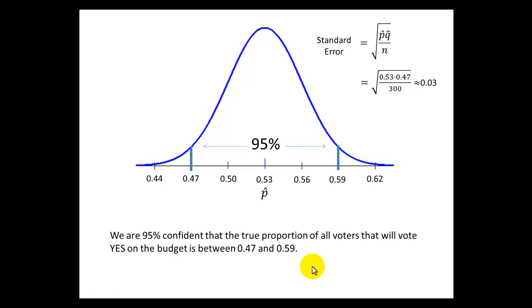We're 95% confident that the true proportion, that is P, is somewhere between that range of values. So notice we aren't necessarily looking right at the 53% anymore. We're widening our scope, kind of like creating a net. And we think that the true proportion of all voters, the true population, is somewhere between these two values.